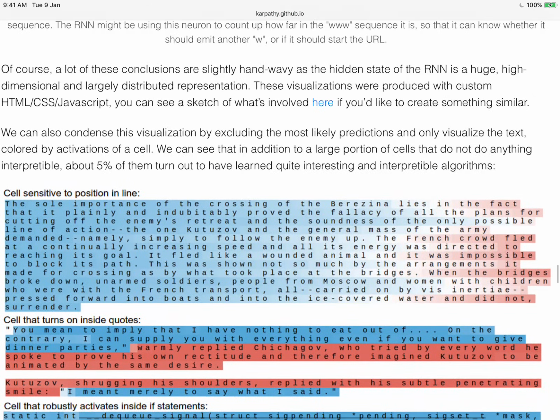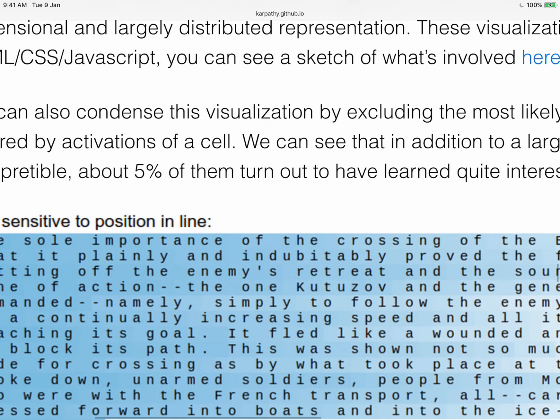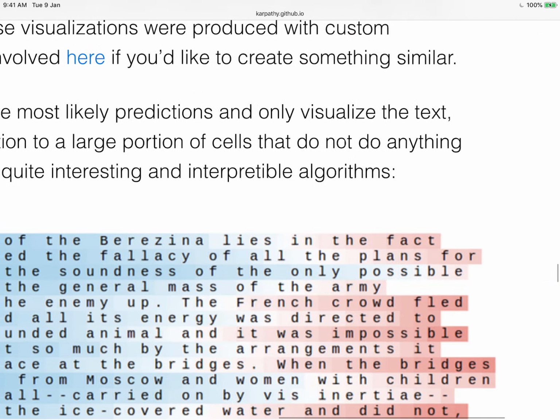Okay, and this is another interesting example. Here the blue color is a small value, and the red color is a large value, and this is a long sequence of characters, right?